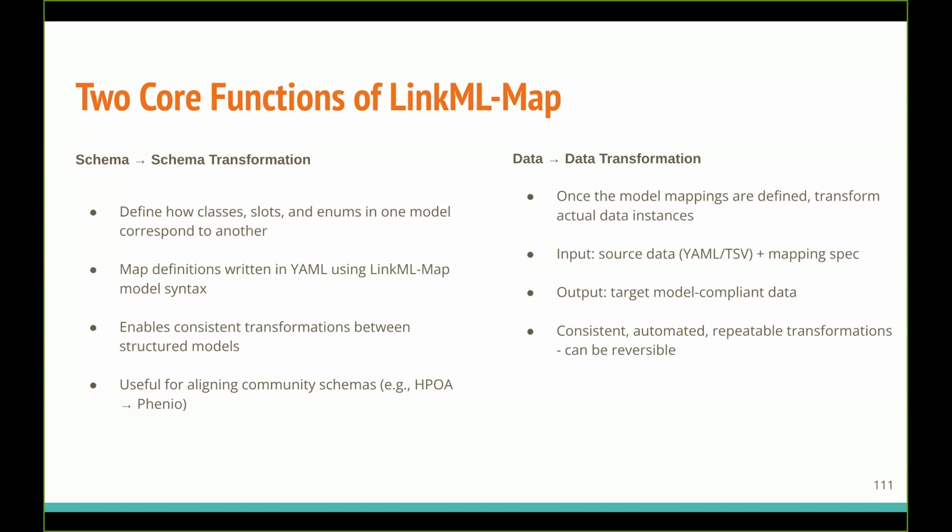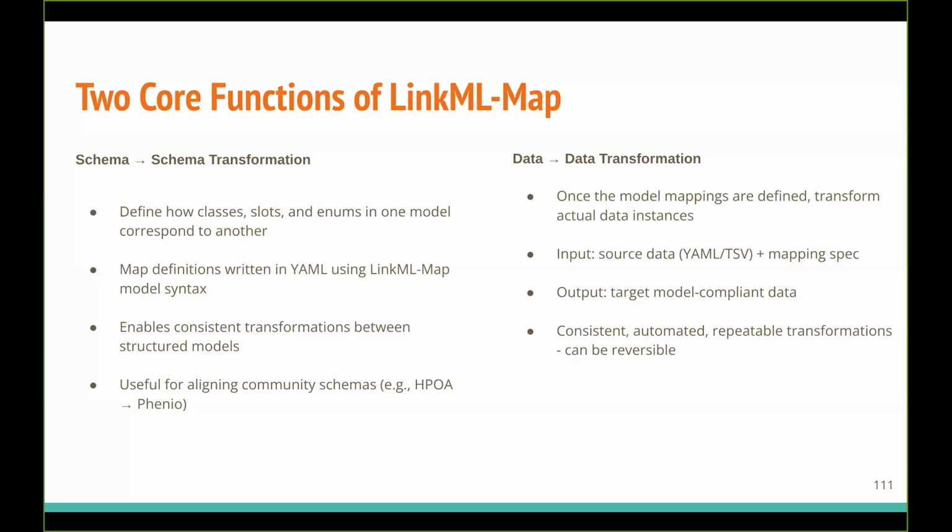And I'll show you in the tutorial, we simply define the transformation, and then LinkML Map will create that target data model for you. These are map definitions written in YAML, using the LinkML Map model as a syntax. Again, this enables consistent transformations between structured models.